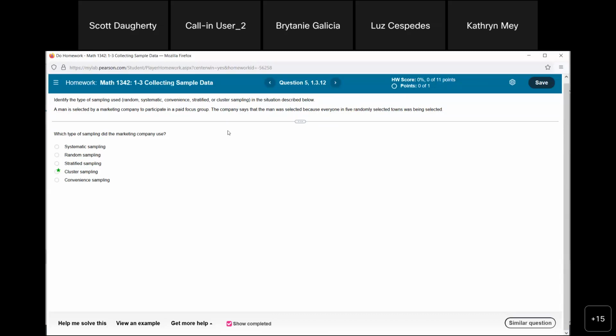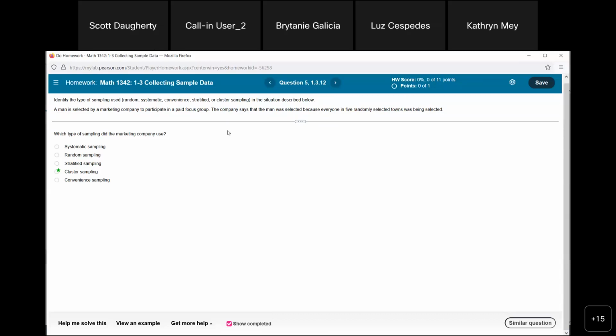So what you're doing is you're taking all the people in those 5 towns, and that's going to be your sample. If that's what you do, then that's called cluster sampling, which is different than stratified sampling. In stratified sampling, you break the population up into subgroups like towns.